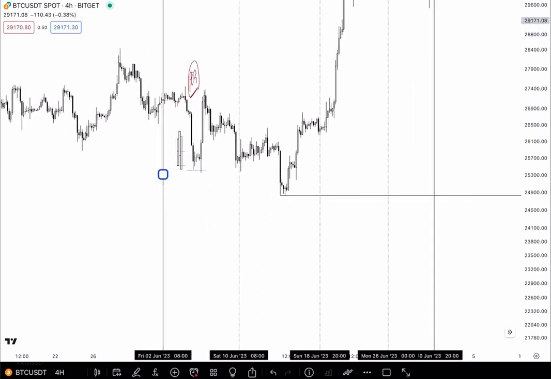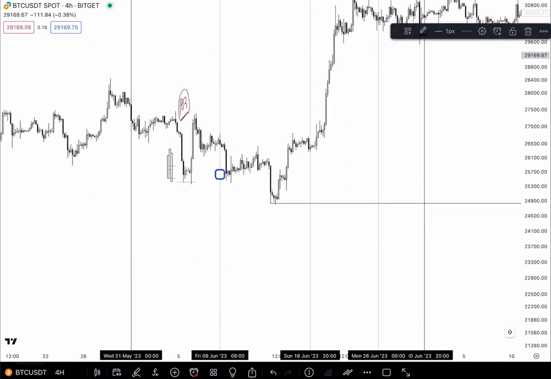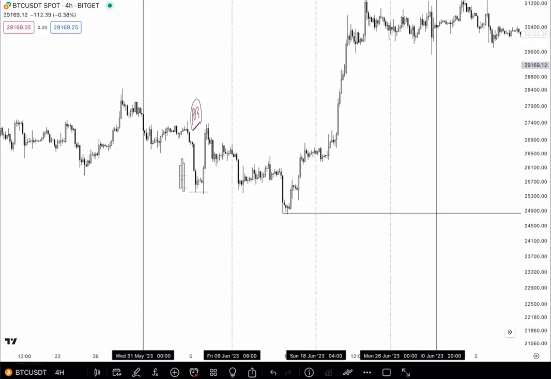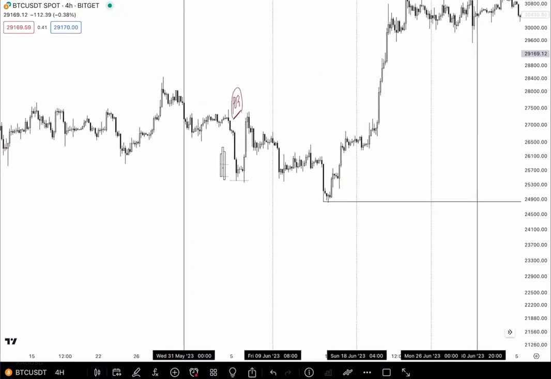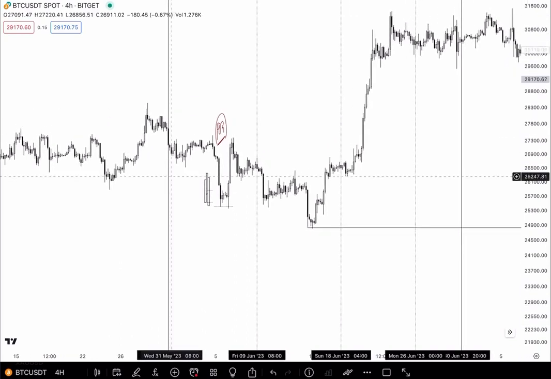Let's go to the month. You got the accumulation, manipulation, and distribution. Every single buy when you're bullish should be below the opening price of the candle you are trying to anticipate. So I was expecting a bullish candle on the monthly. So every single potential entry is going to be below the opening price, right?